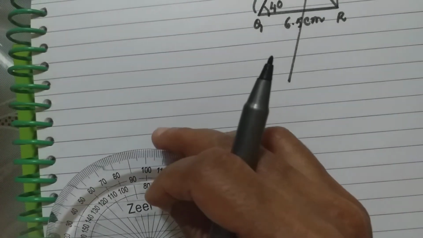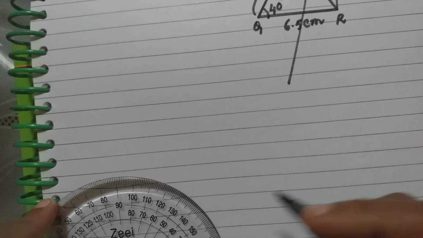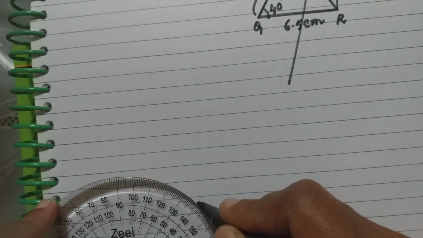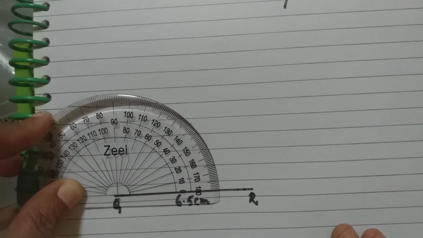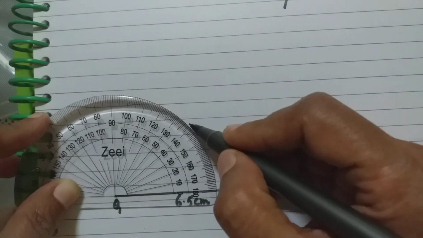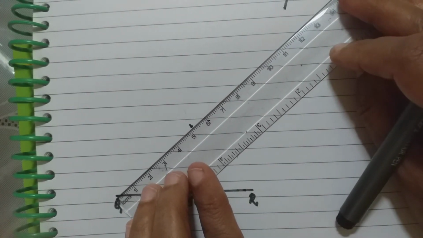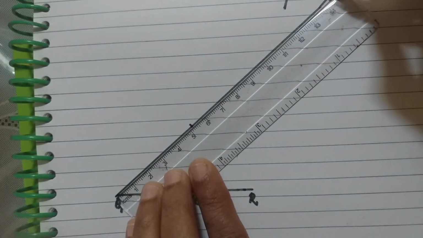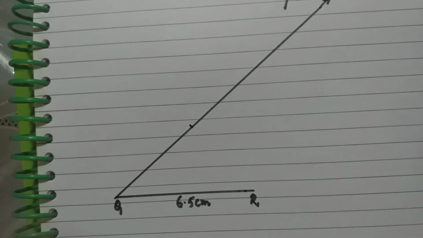So, we keep the protractor at Q, and I am marking here 40 degree. Okay, now I will draw a line from Q passing through this point. Okay, so this is a ray which I have drawn.